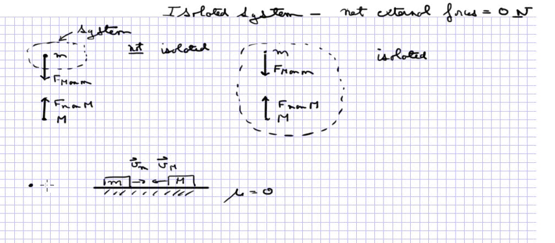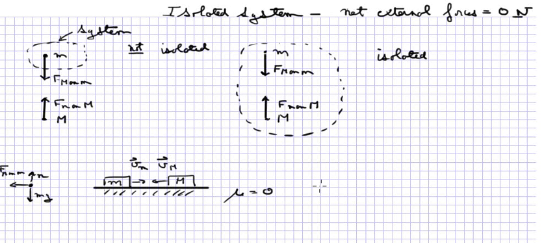During the collision, little m will experience a downward weight mg and an upward normal force, and it will experience a force to the left of big M on little m. And these 2 forces are going to cancel each other. So the net external force in the y direction is 0, but there is a force in the x direction which is not 0, and so little m by itself is not isolated.